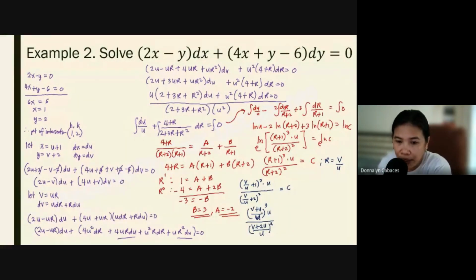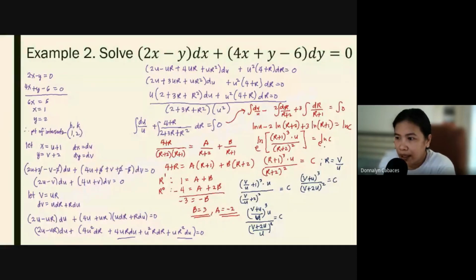Okay, so let's simplify. You have here u over u cube is 1 over u squared, over 1 over u squared, so the denominator is gone. So now we have v plus u cube over v plus 2u square is equal to c.